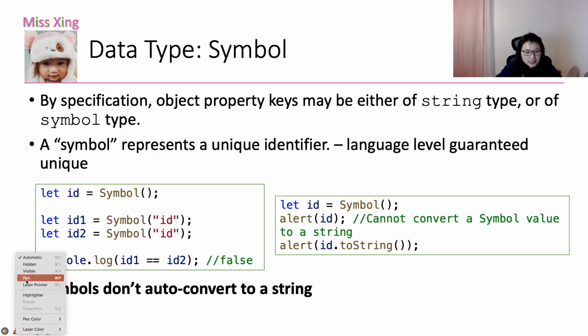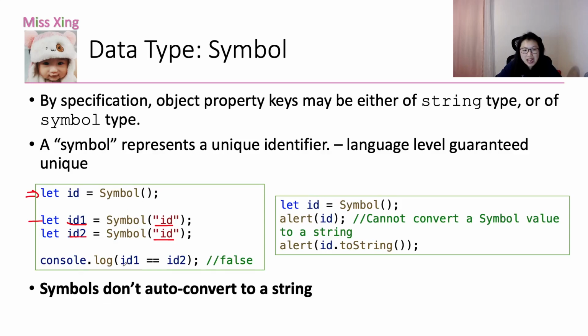How to use a simple symbol? On the left side, we have some examples, which is this one. Let id equal Symbol, and for the symbol you can also give a string, which is "identifier" here, and then id1, id2. The symbols on the right side of the statements are exactly the same.